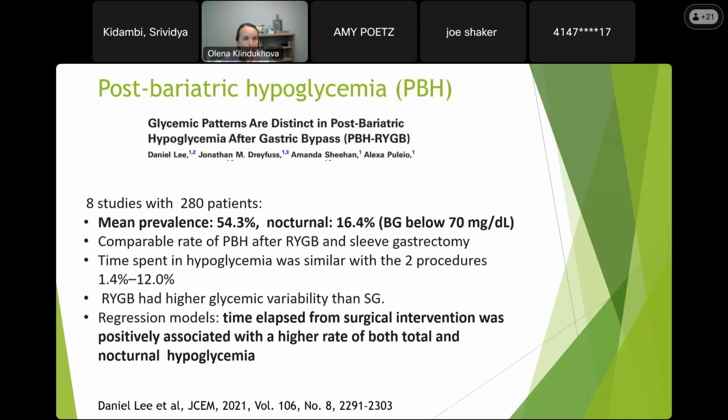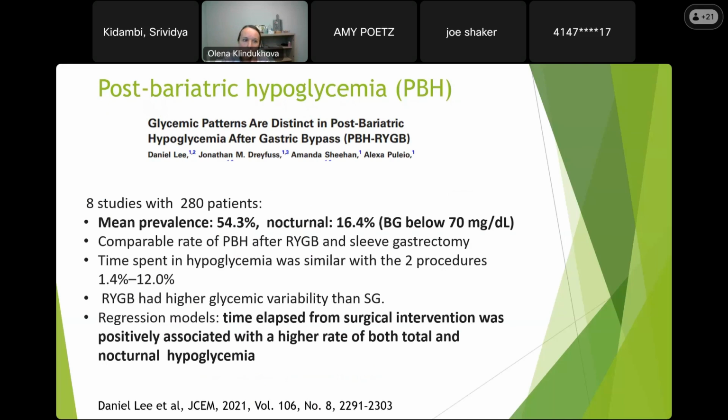All right, very good. So that's one more study on post-bariatric hypoglycemia, a meta-analysis that compared Roux-en-Y to sleeve gastrectomy.